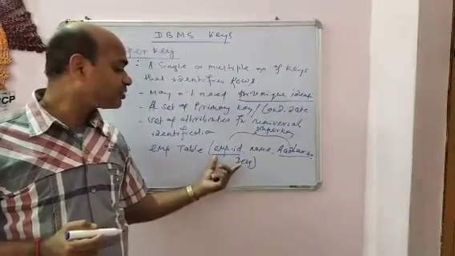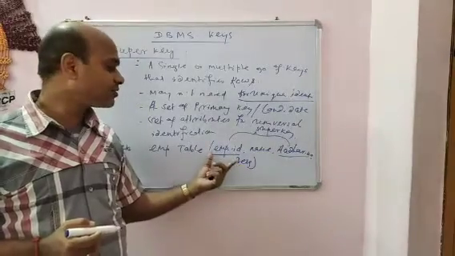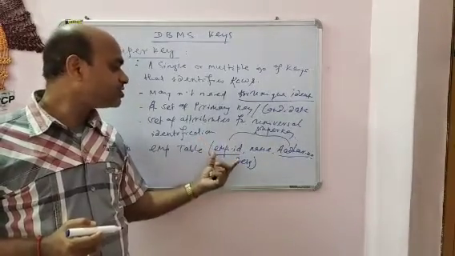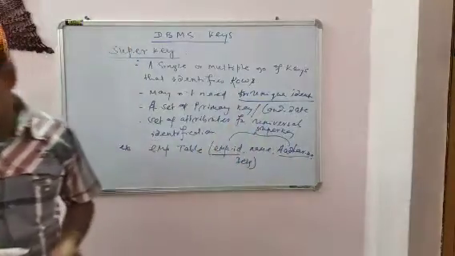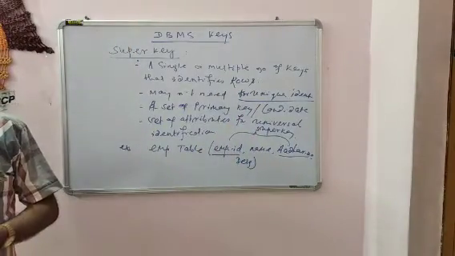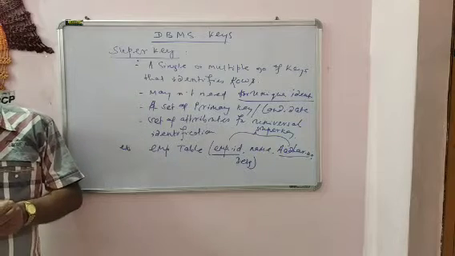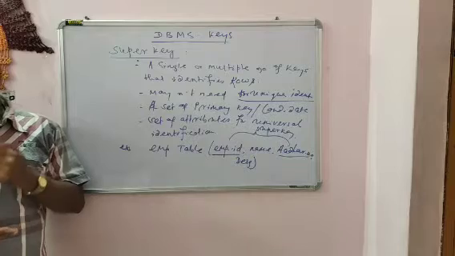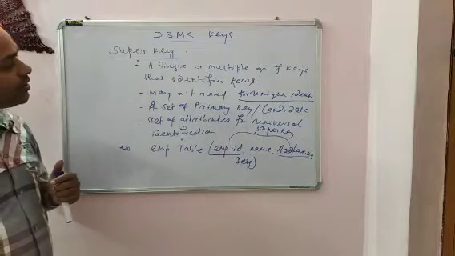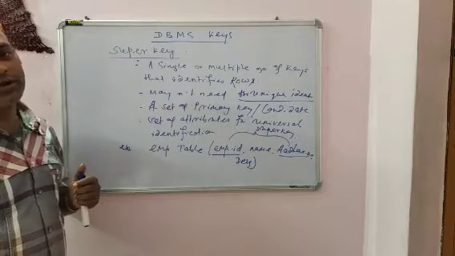So employee ID and Aadhaar number can be the super key for this example. It is defined as a set of attributes within a table that can uniquely identify each row within a table. So this is the super key.